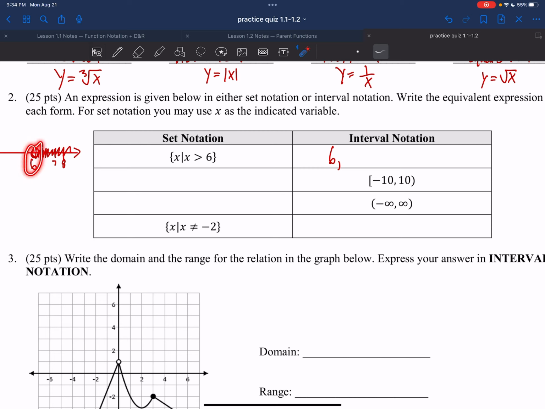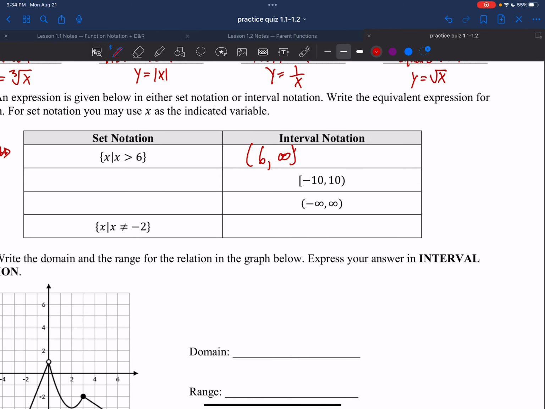It's right here because there's nothing past 6 in that direction. 6 is not included, so we use a parenthesis. And what's the upper bound? Well, there is no upper bound. It's called unbounded because it goes forever and ever to infinity. Okay? All right, next one.